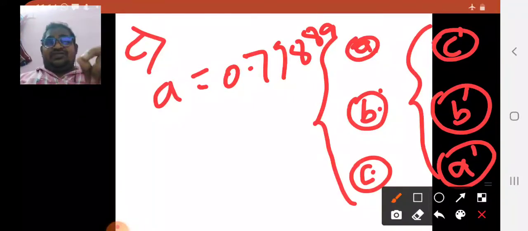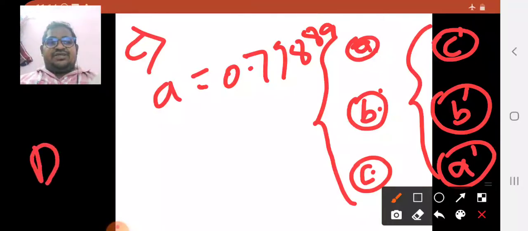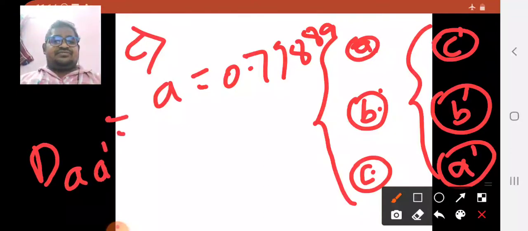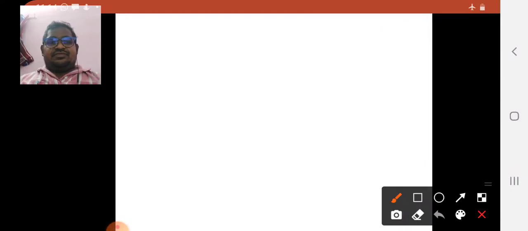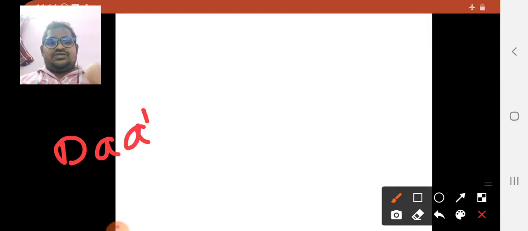Now the self GMD of the combination A, A dash, let me take D A dash, which is given by D A dash. Here how many terms do you need to take?